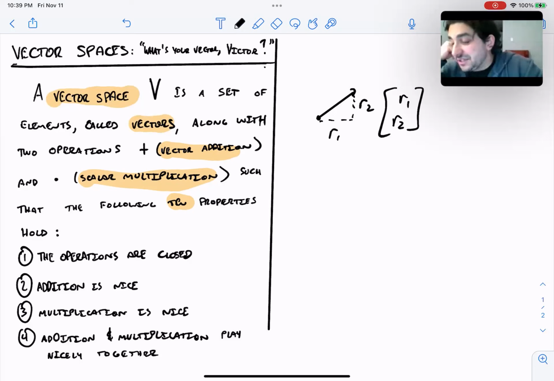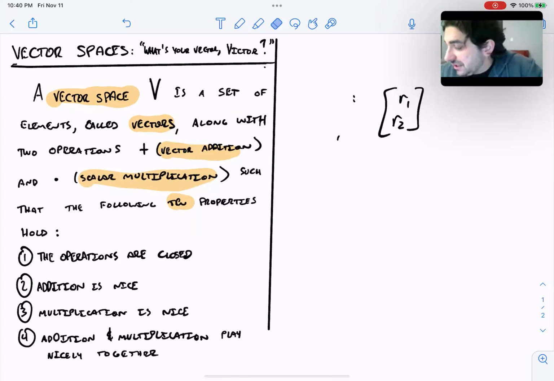In either of those interpretations, what are the key algebraic properties satisfied by such objects? Anything that behaves algebraically like vectors in the force vector or computer science interpretation, we will call a vector space, even if it's not a force vector, even if it's something different. So that's what we want to do.